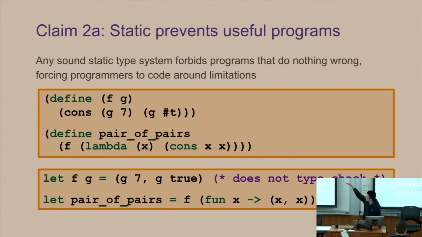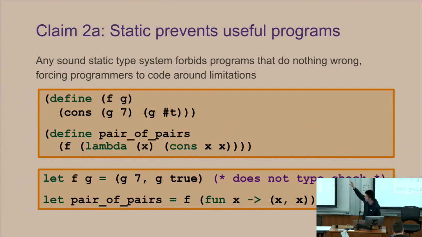We first define this function called f of g, which calls g with 7 and calls g with true, and we have pair of pairs, which builds a pair with 2 times the argument.